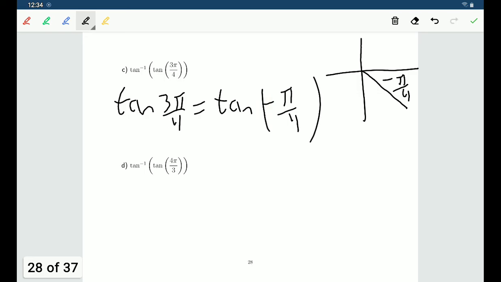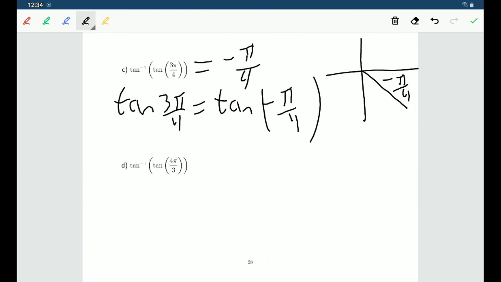So since negative pi over 4 and 3 pi over 4 both give us the same value for tangent, and since negative pi over 4 is in quadrant 4, it's in that restricted domain for tangent, then that means that'll be in the range for tangent inverse, that negative pi over 4 will be my output.